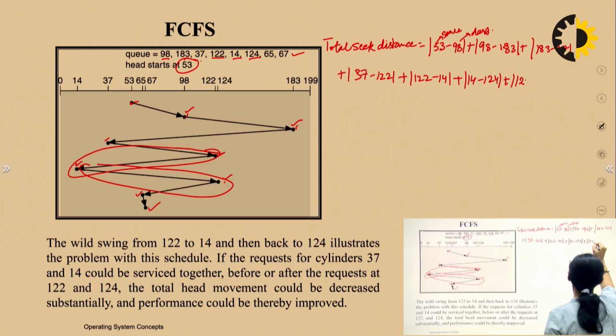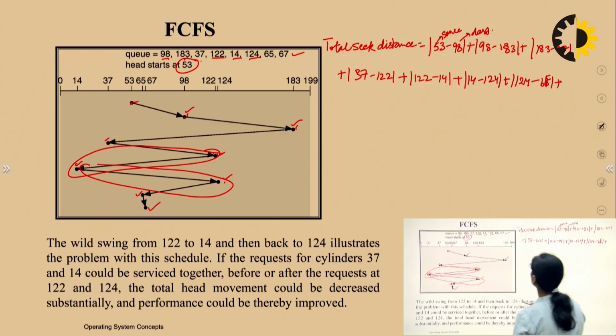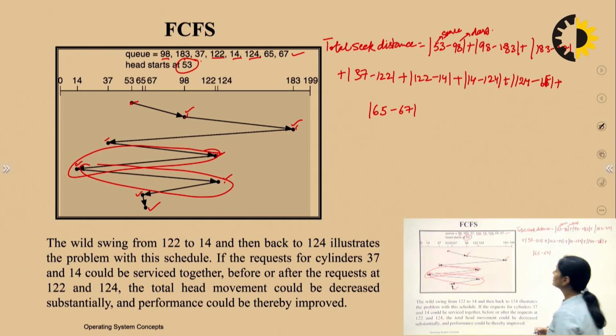So it would be 124 to 65, plus 65 to 67. This is the total seek distance that is given to us, that we'll calculate. So when we solve the whole of this, we'll get the total seek distance when we are working with the first come first serve schedule.